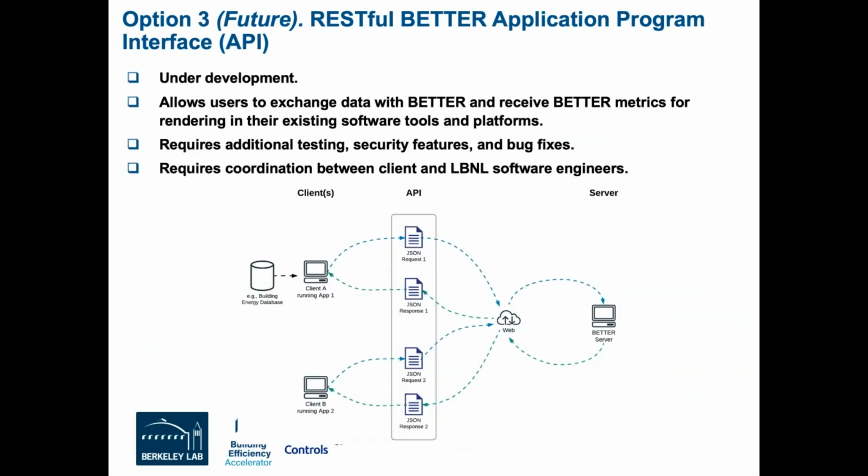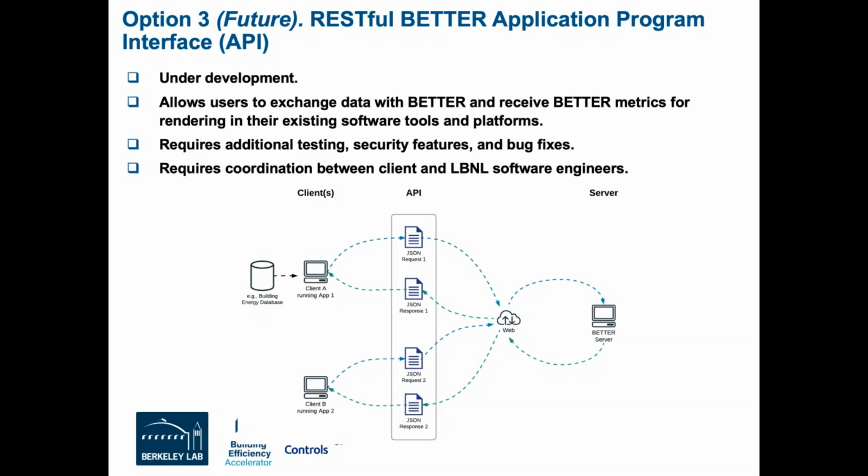A third option that's under development, so it's really a bit of a future option, but it'll be an important component of Better, is the RESTful application programming interface, which would allow a user to exchange data with Better and receive our metrics that could then be rendered into their existing software tools and platforms. This offering, we're still in the process of testing, adding some security features and addressing some bugs.